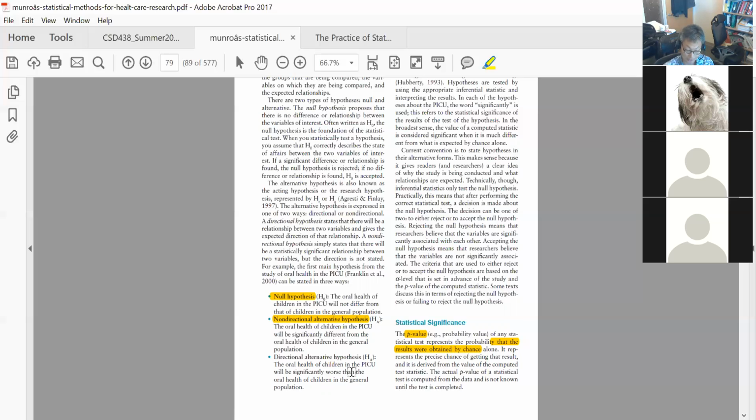But that result is from your sample, okay? So don't confuse it with a generalization to the whole population. It's from your sample. It will be very difficult to say that, in general, this sample represents the whole population. We don't know yet, right?